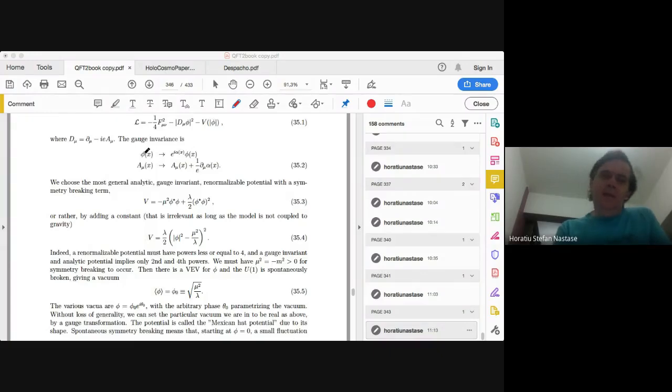And the gauge invariance is φ(x) going to an x-dependent phase, e^{iα(x)} φ(x), and A_μ(x) goes to A_μ(x) plus 1/e ∂_μ α(x).